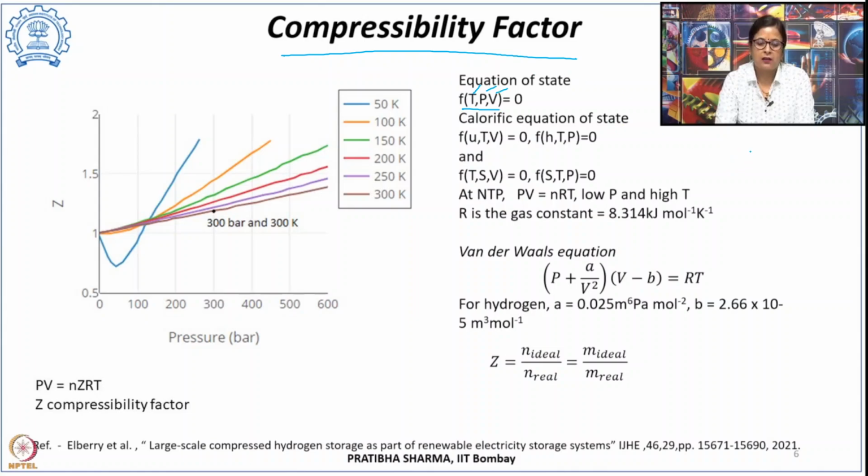Suppose I have 1 liter of hydrogen. This is the volume V, and this is the temperature, suppose 298 Kelvin, and this is the pressure, 1 bar.